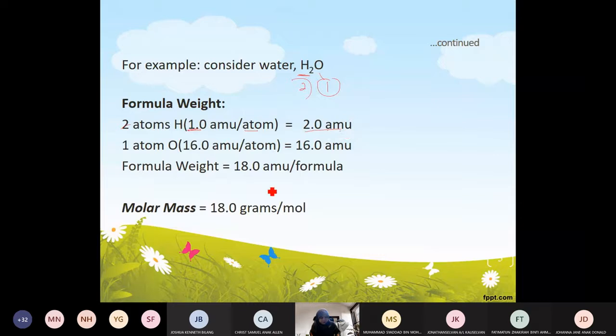And for oxygen, if you refer to the periodic table, 16 AMU for every atom. So the formula weight for H2O would be 2 plus 16, which is 18 atomic mass units. So we report the molar mass. Kalau ini formula weight, molar mass is 18 grams per mole. We use gram per mole.